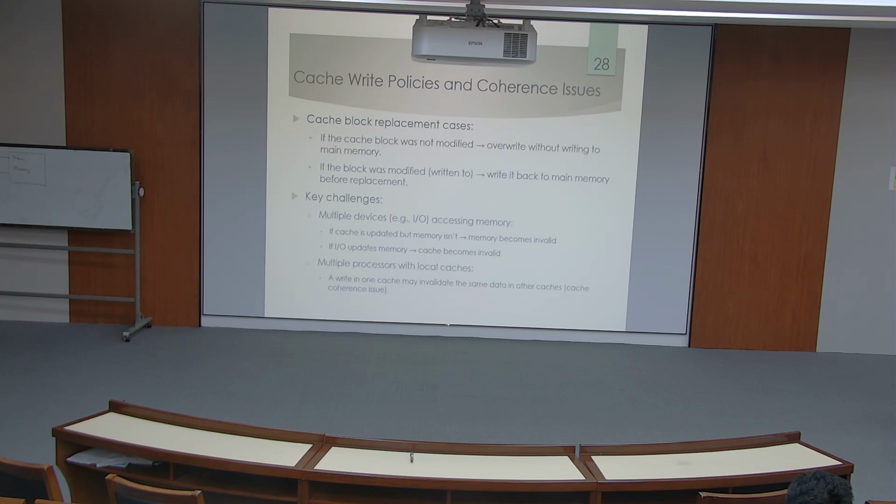Or if the input-output updates only the main memory, the cache memory becomes invalid. Now, multiple processors. In the case of multiple processors, each processor has its own cache, and if a write is done only in one cache memory, this may invalidate the same data in other cache memory.